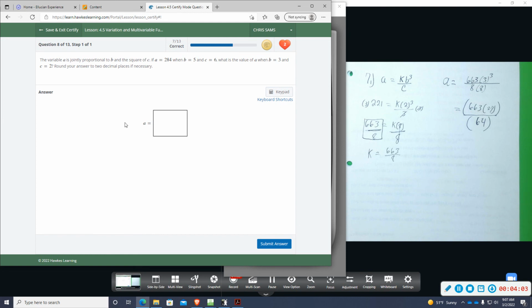Number 8, we're going to do something similar. The variable A is jointly proportional. Okay, so jointly just means we're going to have more than one thing, kind of similar to what we just did.